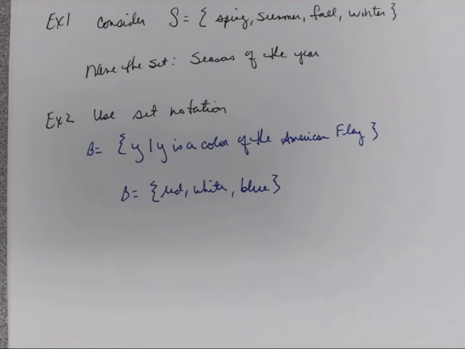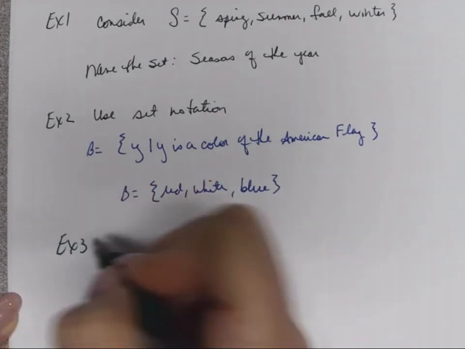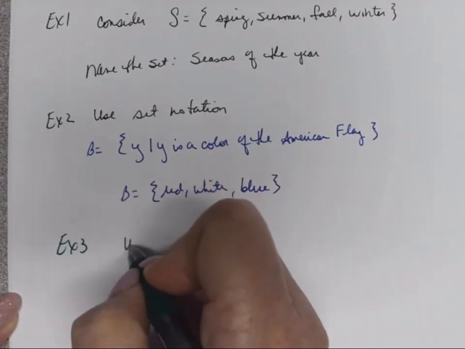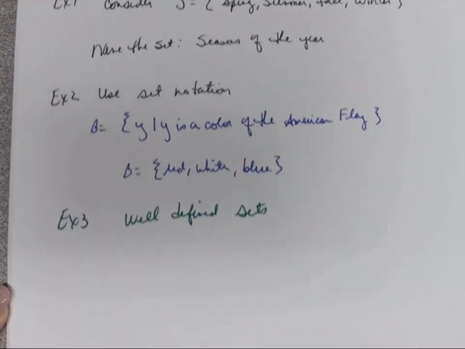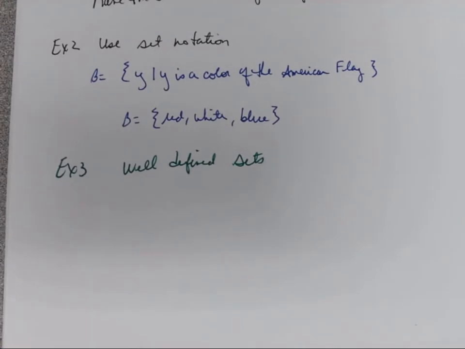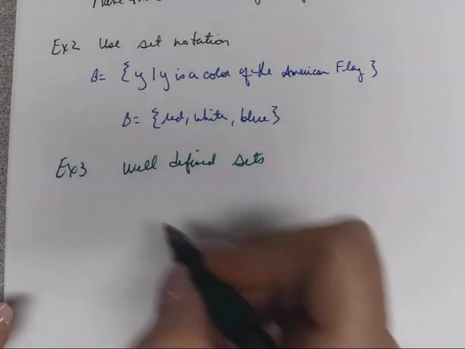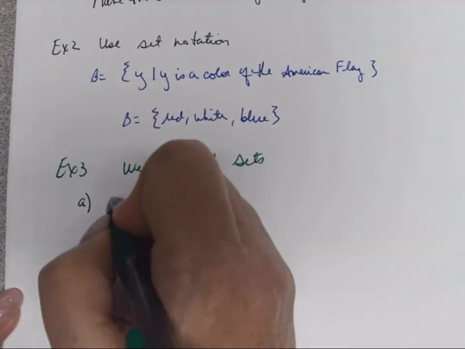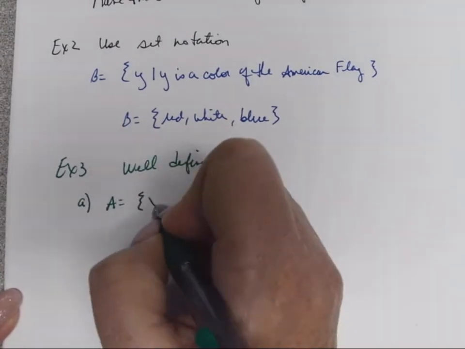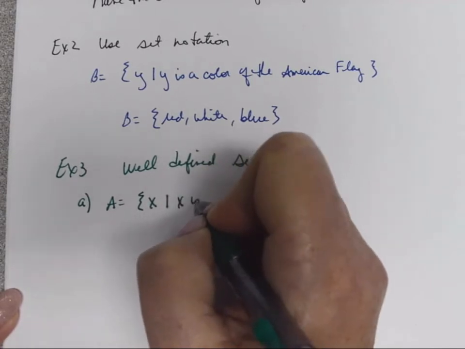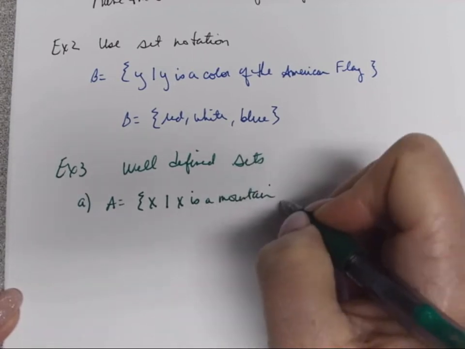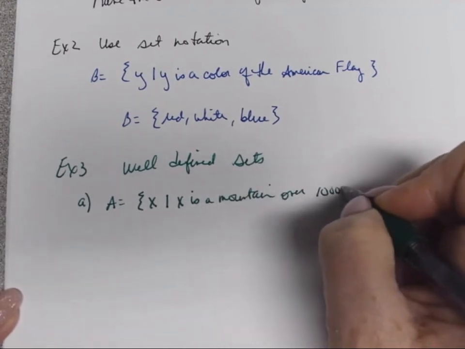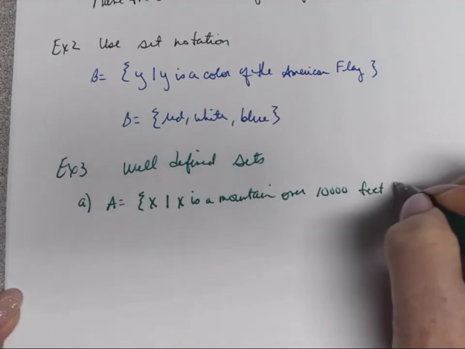All right, example 3. We are looking at well-defined sets. Not all sets are well-defined. Some are better defined than others, and some are very, very vague. If we look at part A, A is equal to {x | x is a mountain over 10,000 feet high}.